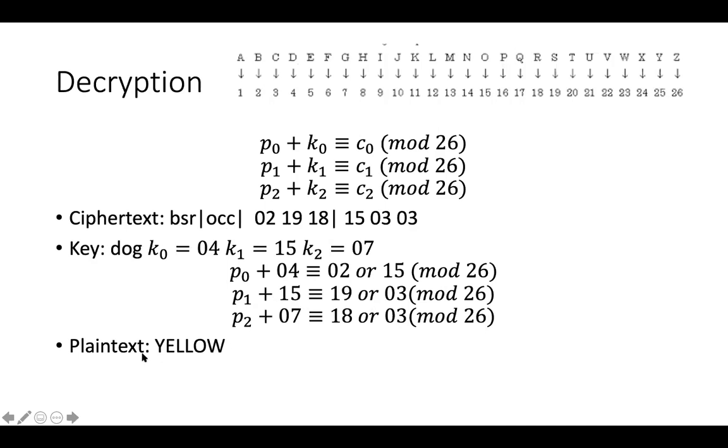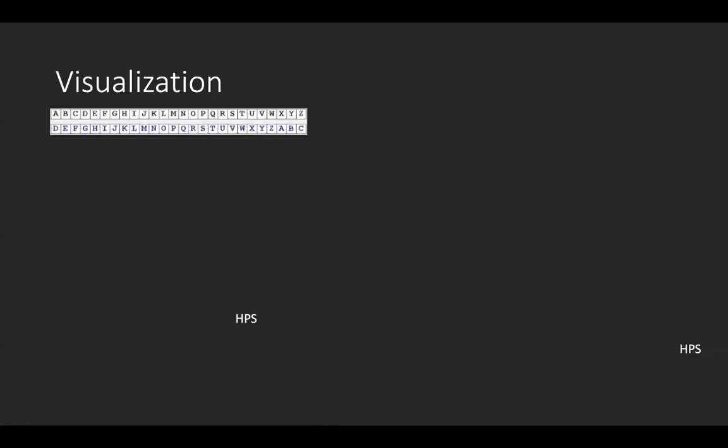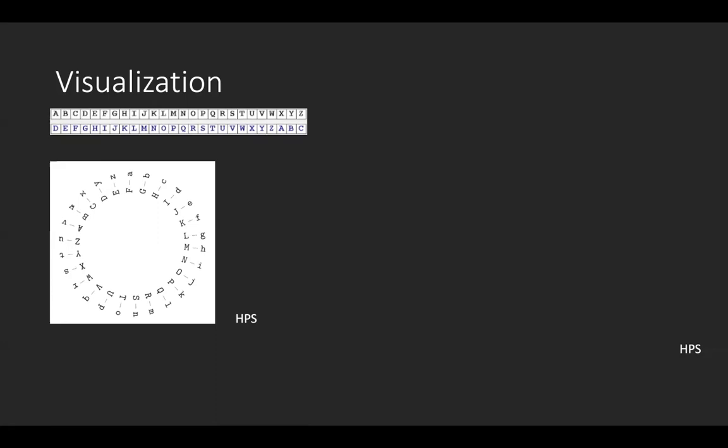So this is essentially the Vigenère Cipher. I'm going to talk about the visualization of the Vigenère Cipher. For the classical shifting ciphers, the Caesar cipher and substitution cipher that we talked about, the visualizations are like these.